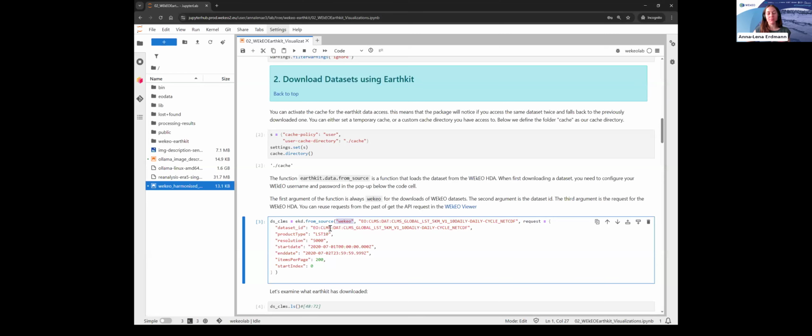And because we have this WEkEO plugin, we can simply say we want to get the data from WEkEO and add the request here. This request is the JSON payload you get, for example, from the viewer when you select data sets. It's the same syntax which you also use when you access the data, for example, through the WEkEO API.